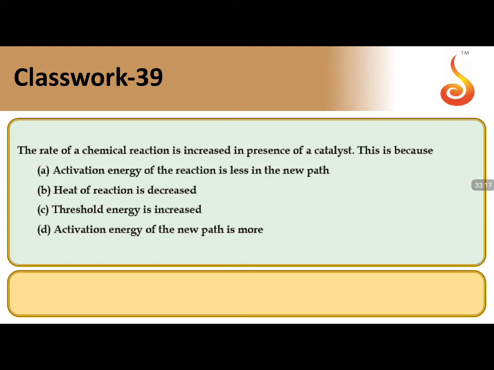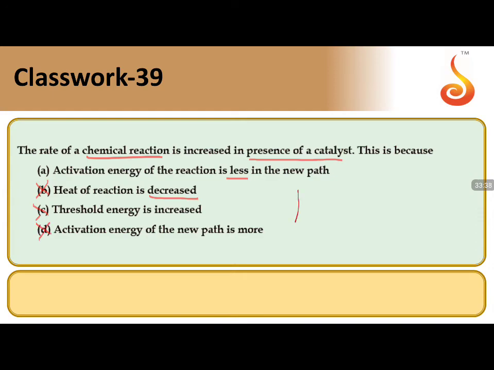Coming to 39th question, the rate of chemical reaction is increased in presence of catalyst. This is because of, let us see. Activation energy is less in the new path. Heat of reaction is decreased? No, this will not get affected. Threshold energy is increased? Wrong. Activation energy of new path is more?